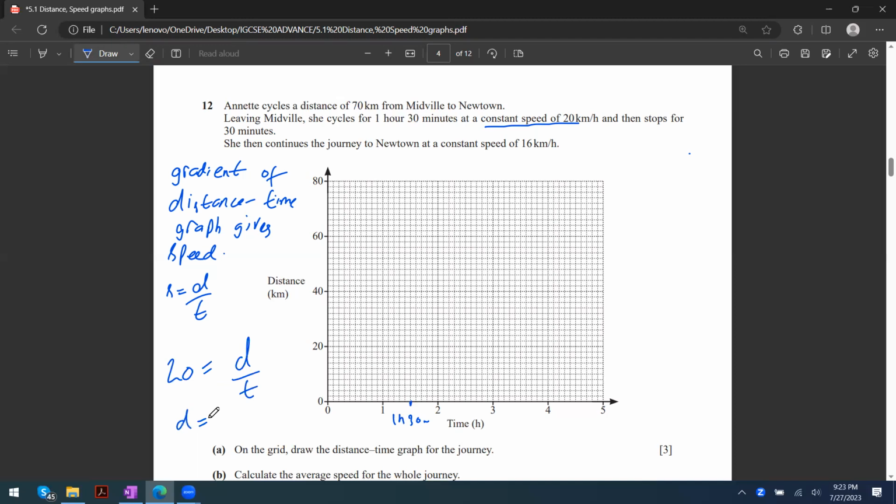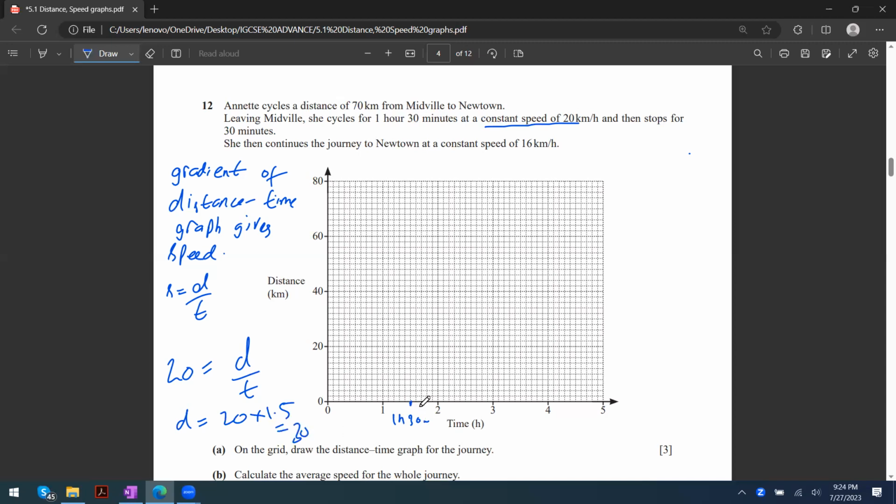So distance will be 20 times 1.5. Okay, 20 kilometer per hour times 1.5 hours is 30 kilometer.